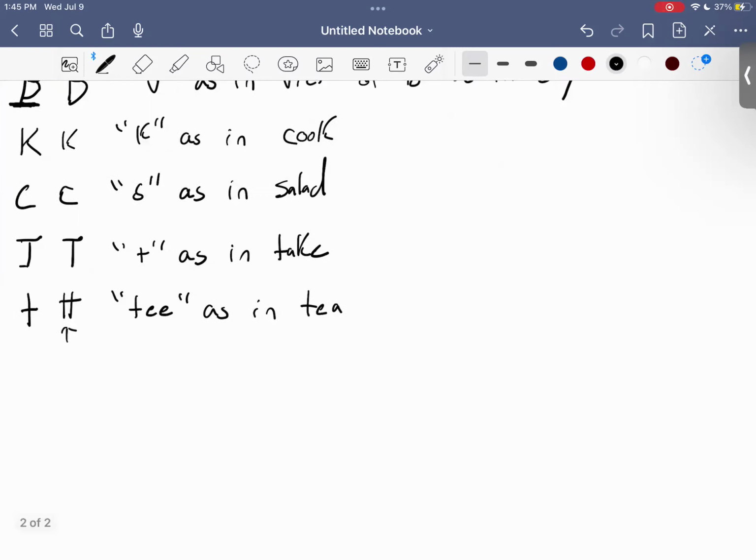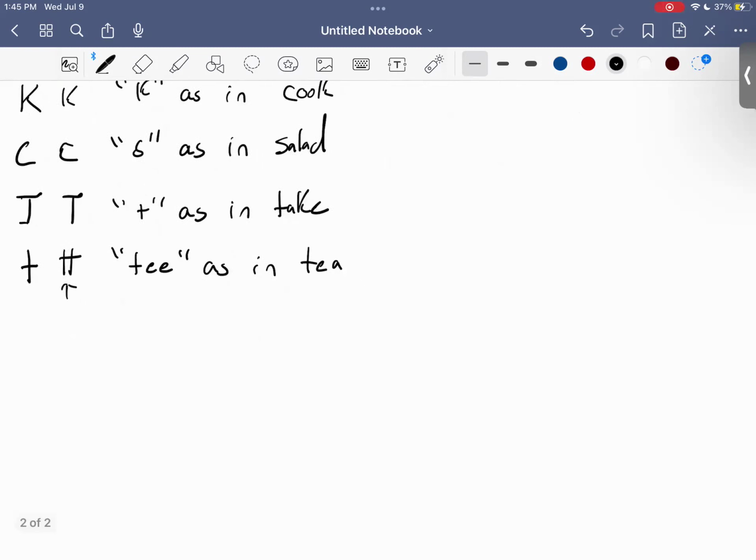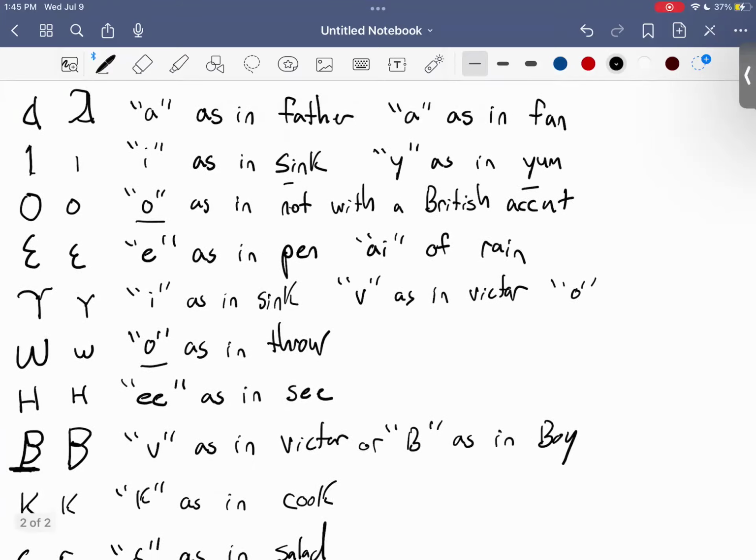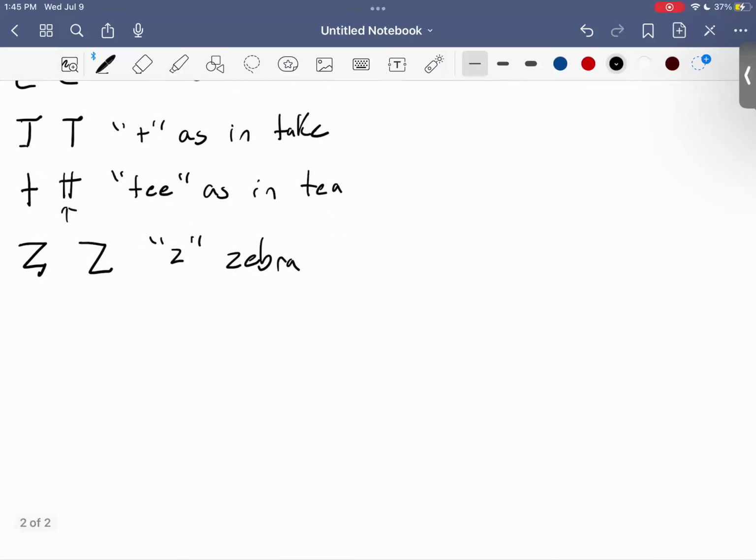The next one that we're going to introduce is zeta. Okay, zeta, another pretty straightforward one. It's going to make a Z sound as in zebra. So far, many of these letters look like letters we have seen in the English language. The next one we're going to have is may.